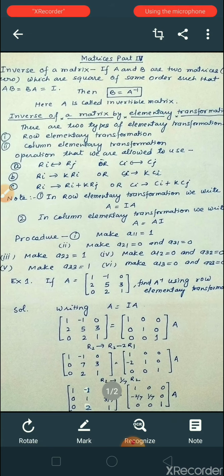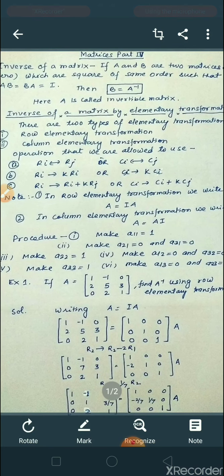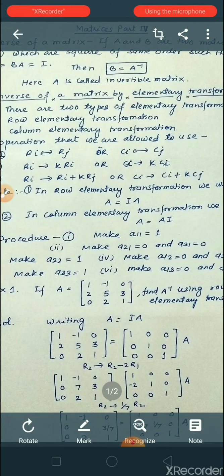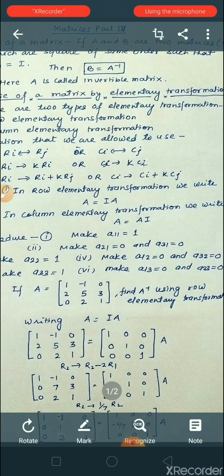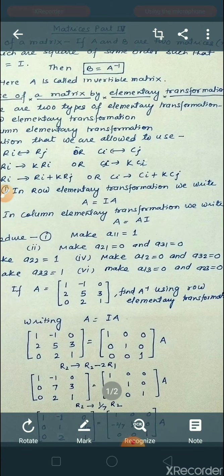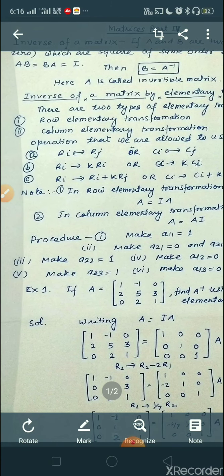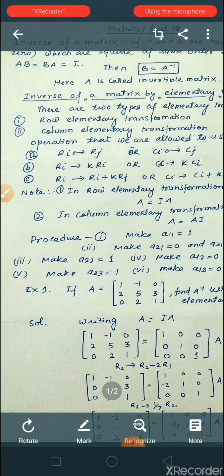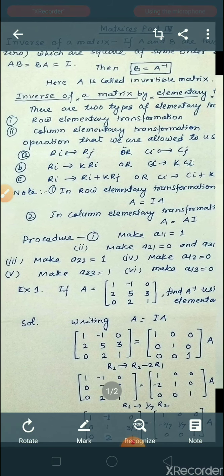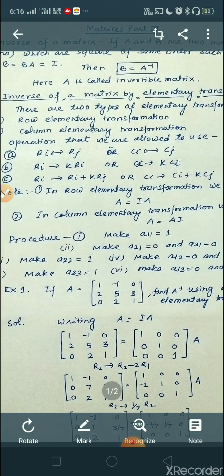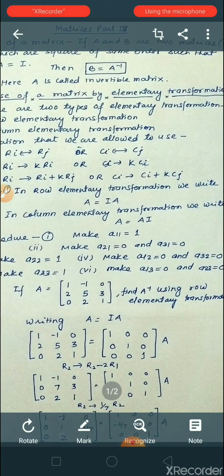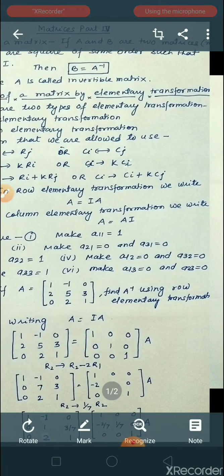So first what we do, make A11 is equal to 1. This is suggestive only. After that, make A21 is equal to 0 and A31 is equal to 0. Step 3, make A22 is equal to 1. Step 4, make A12 is equal to 0 and A32 is equal to 0.